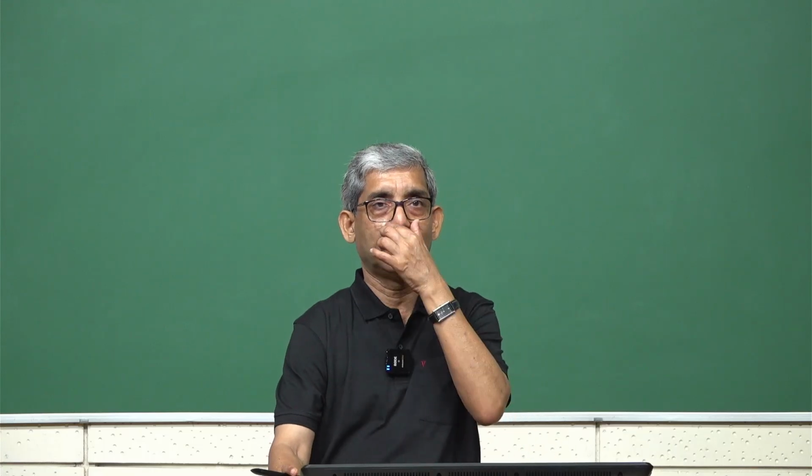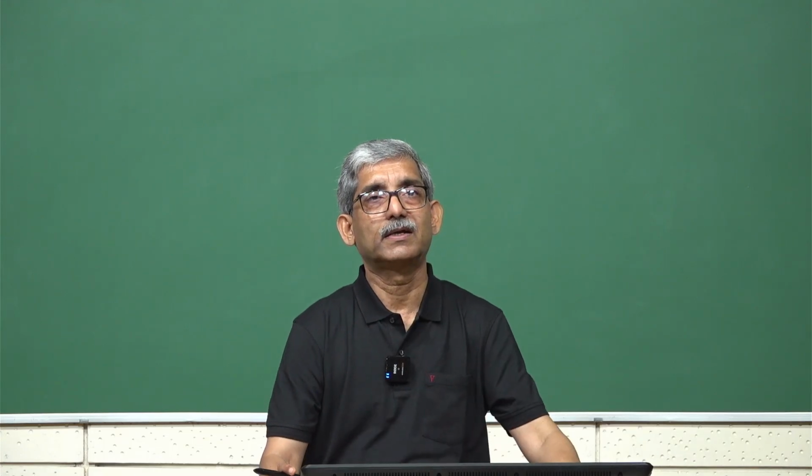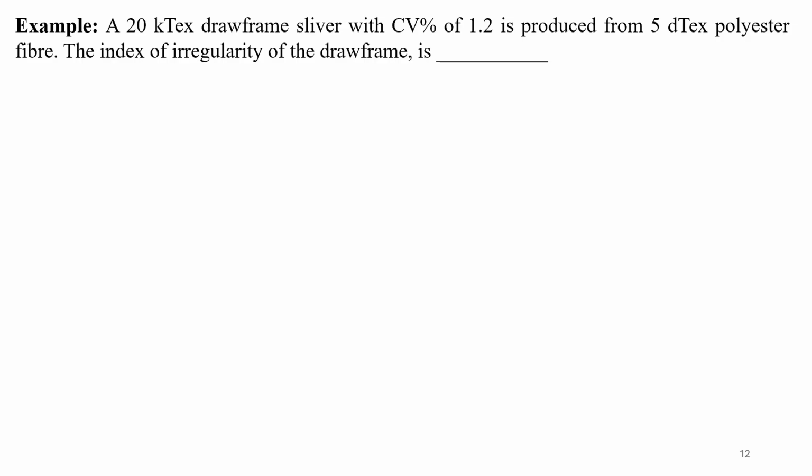Now, let us see one calculation. A 20 kilotex draw frame sliver with a CV percent of 1.2 is produced from 5 decitex polyester fiber.